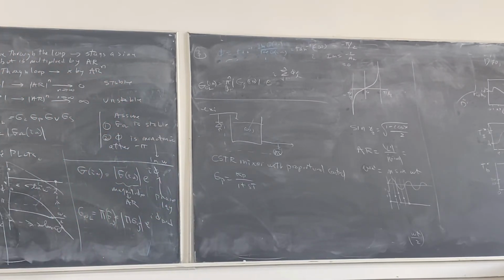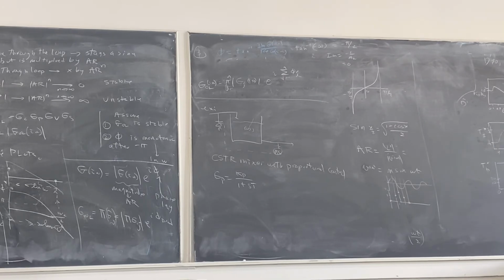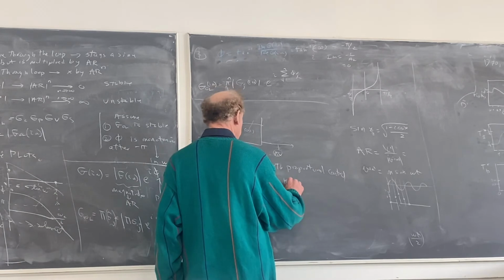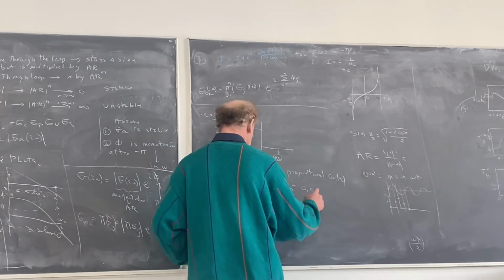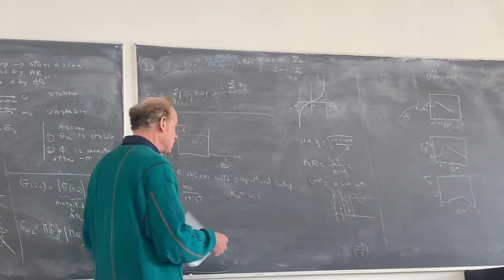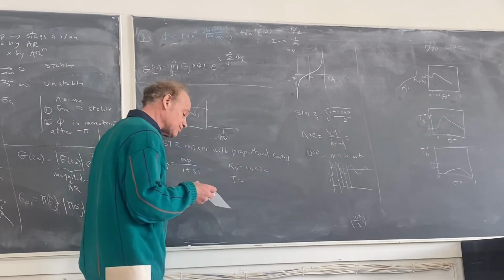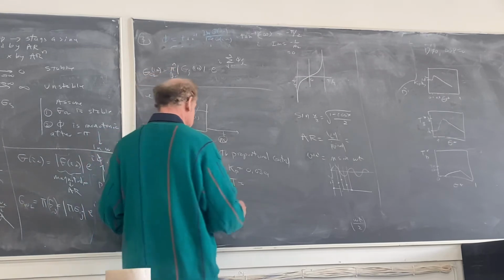What I'm going to do here is choose numbers, again so that I can give you a real example. So let's let Kp be equal to 0.039, and tau be equal to 5 minutes.